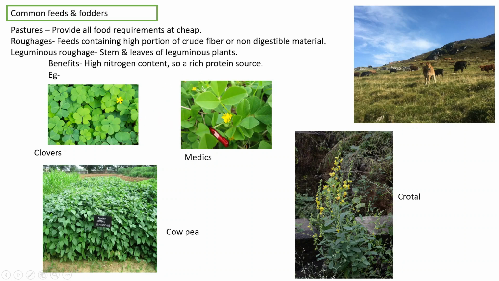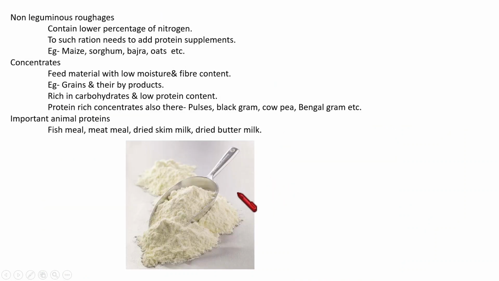Examples of leguminous plants that form a fodder or feed for dairy animals are clover, lucerne, cowpea, and crotalaria varieties of plants. These are excellent leguminous roughage feeds for cattle.